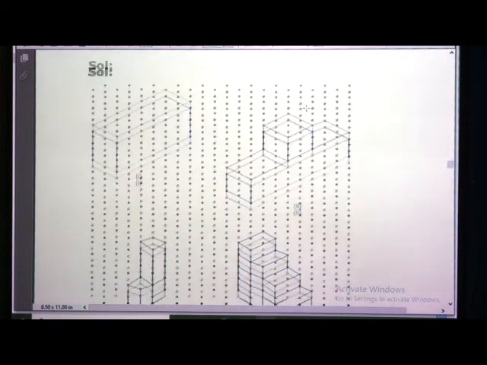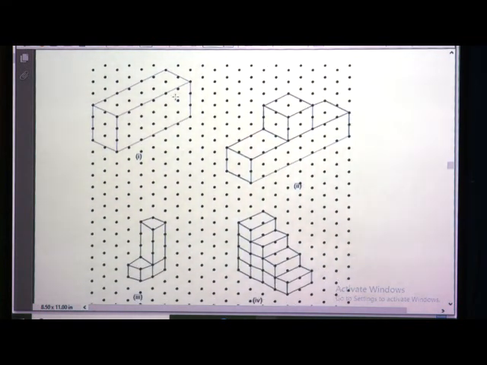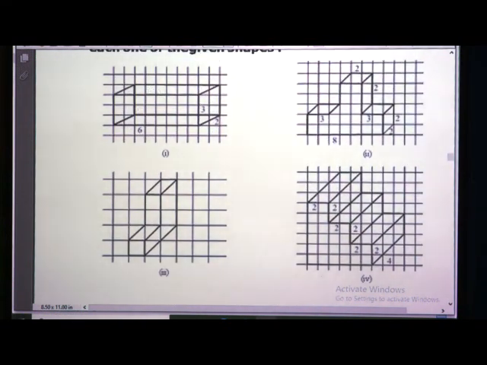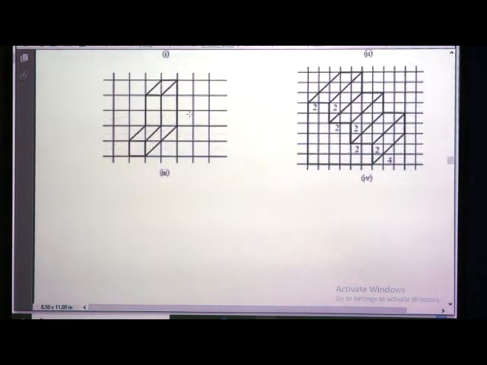This is an isometric dot paper. Here figures are given to us, just we have to join. When you join all this, you will find one cuboid that we had drawn here.